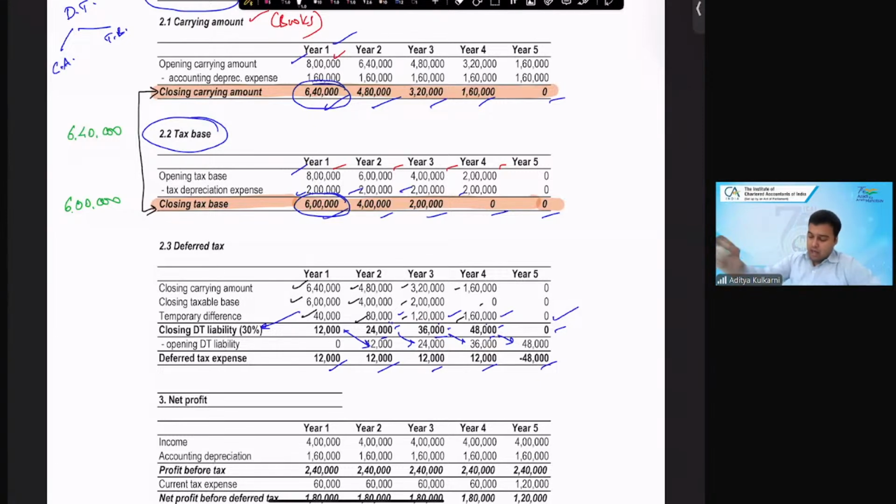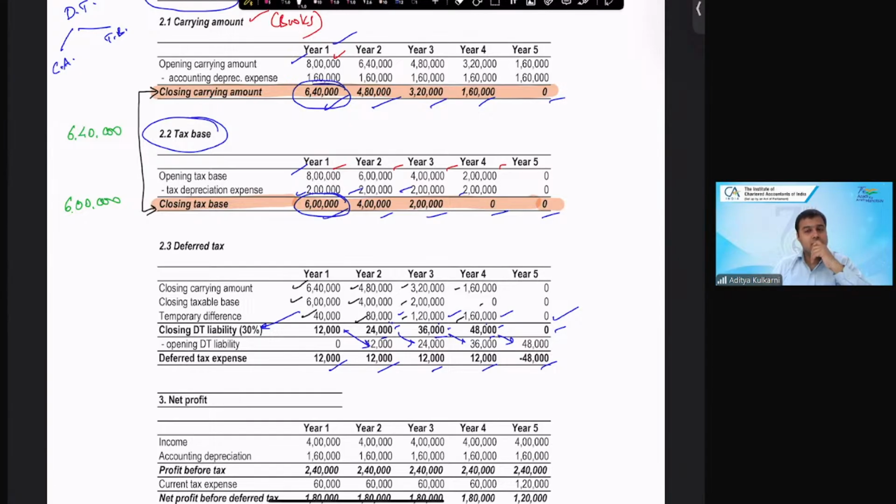All right. Now you tell me the difference is 40,000 in the first year, 80,000 in the second year, 1 lakh 20 in the third year, 1 lakh 60 in the fourth year, and in the fifth year it becomes 0. That means at the end of year 5, your carrying amount ends up becoming equal to your tax base. Yes or no? Yes, sir. So can I say that this difference was there only for the first 4 years and then the difference does not exist?